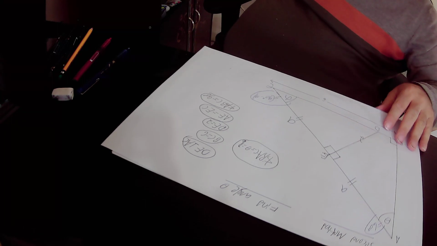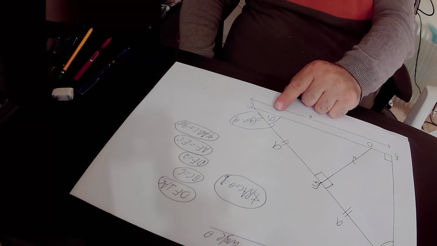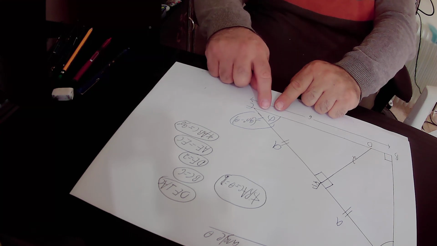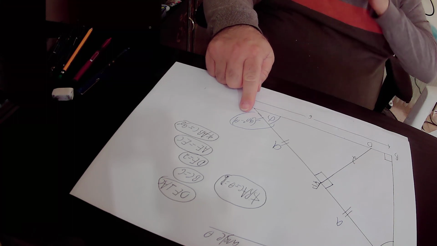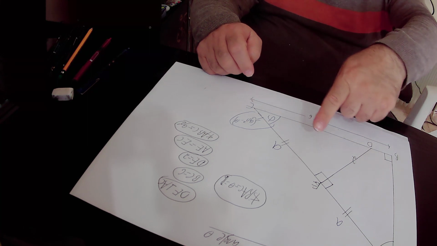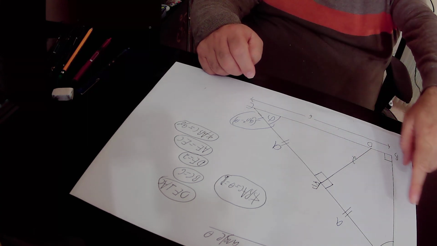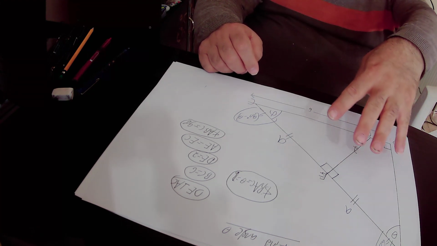In the second method, we define this angle as angle alpha. We have already found that alpha equals 90 degrees minus theta according to the first method. We defined AE as a, and EC must also equal a because AE equals EC. Then we focused on the right triangle ABC.